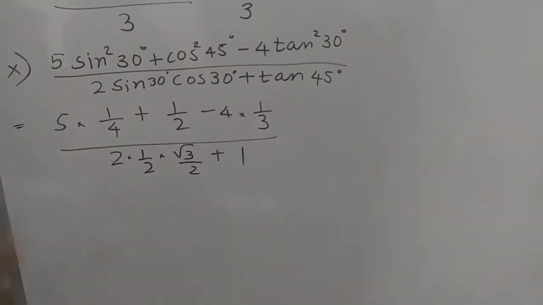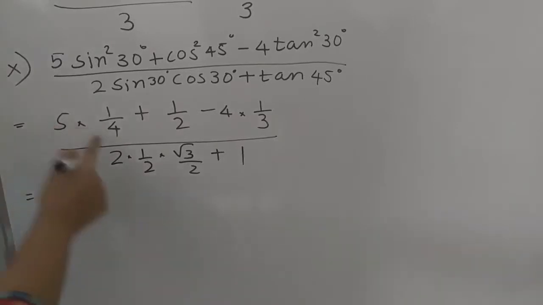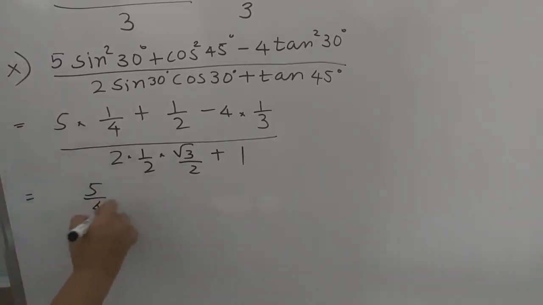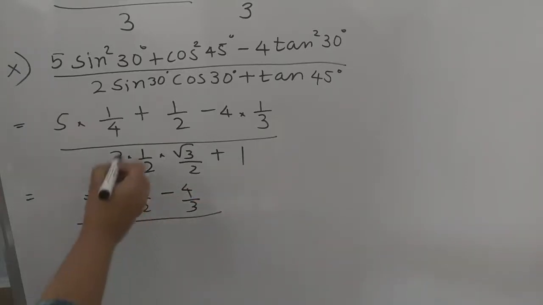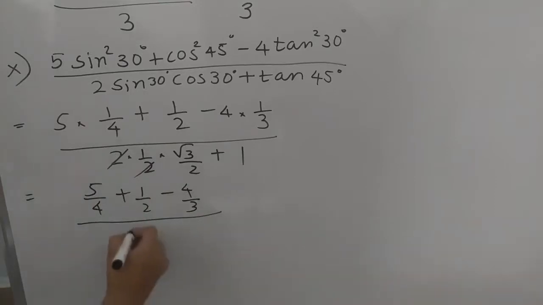Now we simplify this. So this is 5 by 4 plus 1 by 2 minus 4 by 3 in the numerator. In the denominator we can cancel this 2. So this is root 3 by 2 plus 1. Now in the numerator we take the LCM of 4, 2 and 3, that is 12.